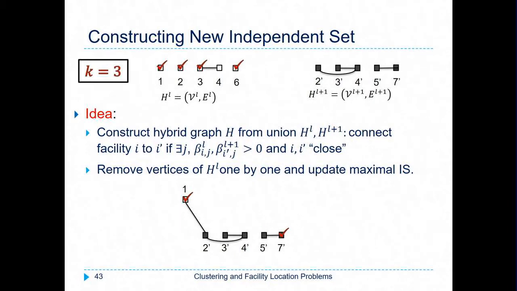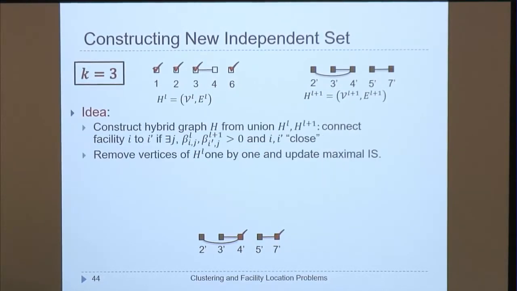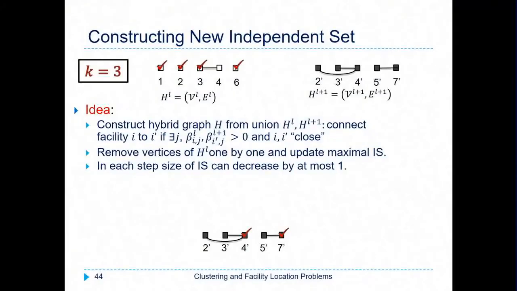Now the idea is that k is equal to 3, and now the size is 2. If the size goes below k, we know that, by the way we've done the updates, the size of the independent set can decrease by at most 1.